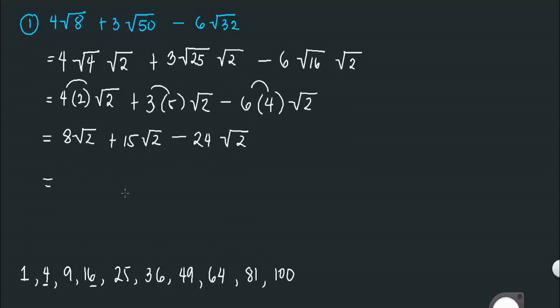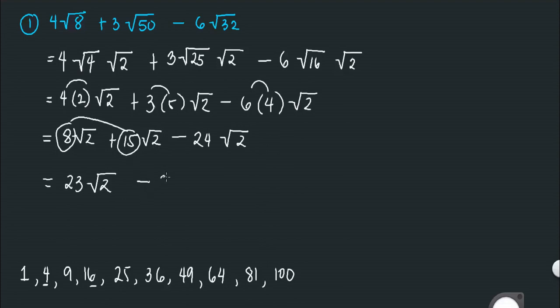So, ang sabi daw sa rule, kapag pare-pareho daw yan, no, pwede daw natin i-add yung mga numbers sa labas ng bahay. Okay? So, ngayon, add and subtract, no? So, add muna tayo. 8 plus 15, that is 23 square root of 2. Okay? So, copyhin na lang natin yan, no?